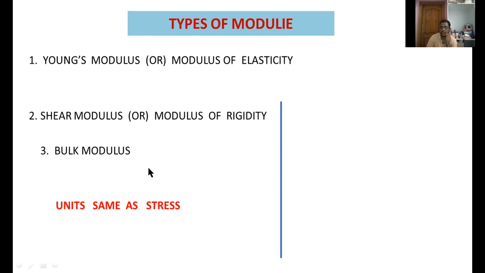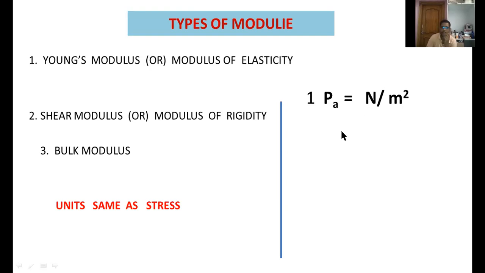Strain has no units, so the units for the three moduli are the same as stress. The SI unit for stress is Pascal, where 1 Pascal equals 1 Newton per meter square. This is also the unit for pressure.